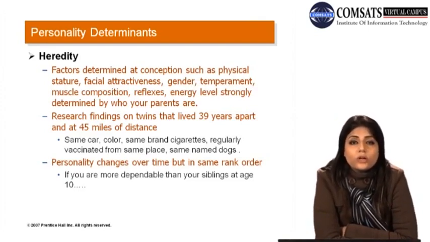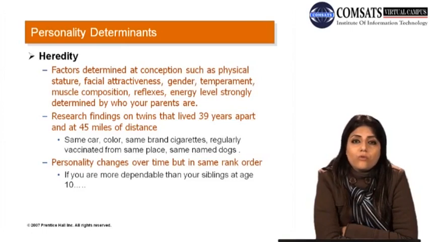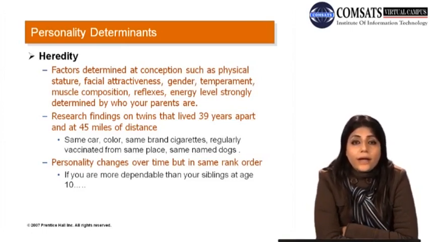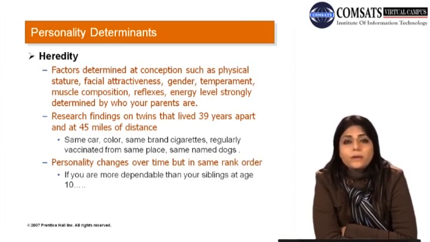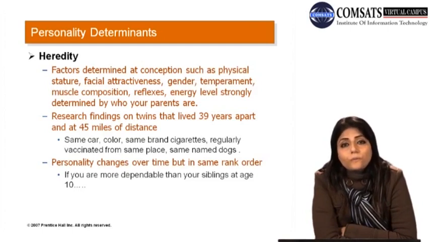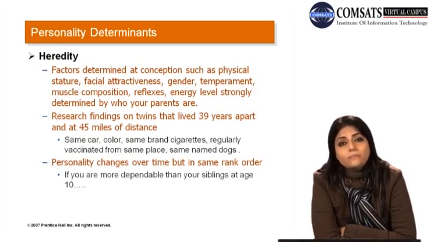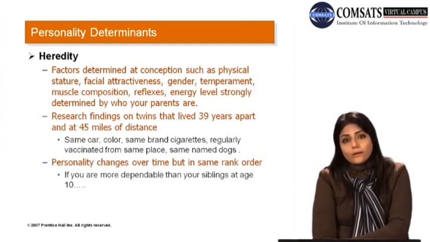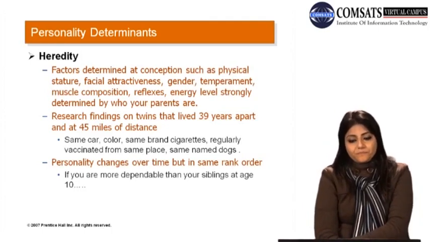For example, if you are smarter than your brother at the age of 10, at the age of 20 you will still remain smarter than your brother, although both of you may become smarter at the age of 20 than you were at the age of 10. Right? So the rank order will remain the same.